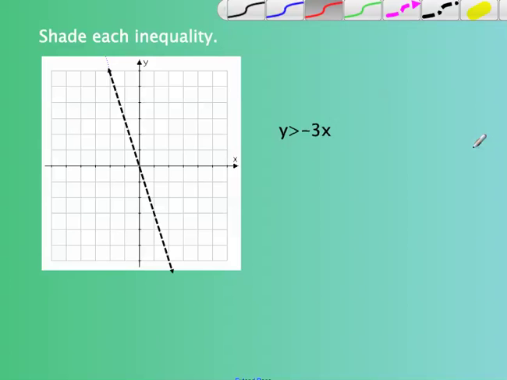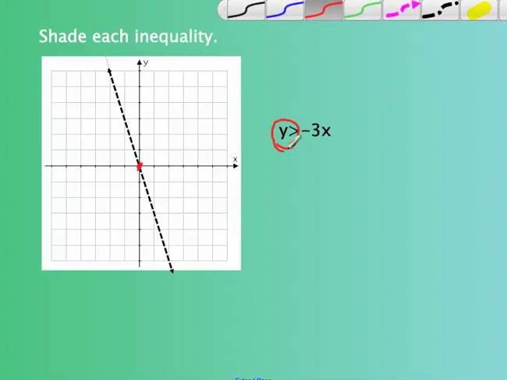Here we have y is greater than negative 3x, and I went ahead and graphed the line for us. But I want us to pay attention to this y is greater than part. We're going to be looking at just this y-axis, and you can see our line here has cut our y-axis into half up and half down.